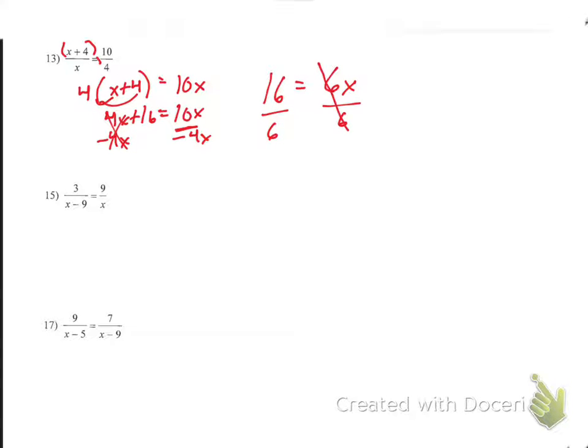And then I'll cross off the 6's here. So then you'll have 16 divided by 6 is 2.666. So 2.6 repeating is equal to x. And you can leave it like that, or you can rewrite it as x is equal to 2.6 repeating.